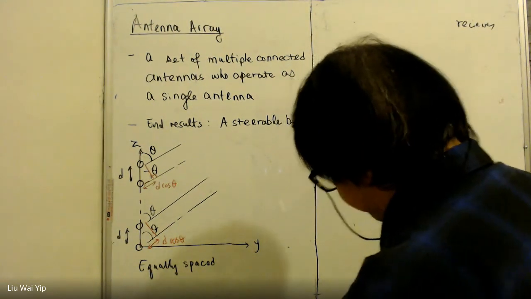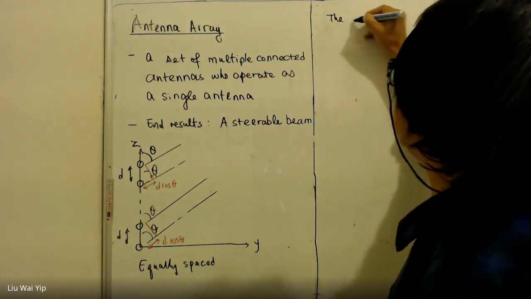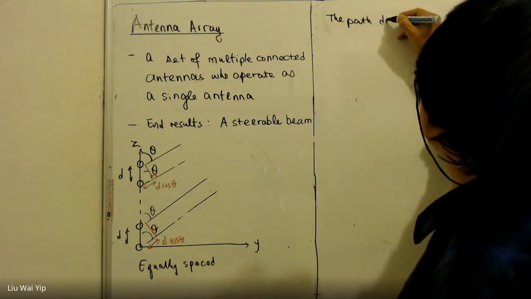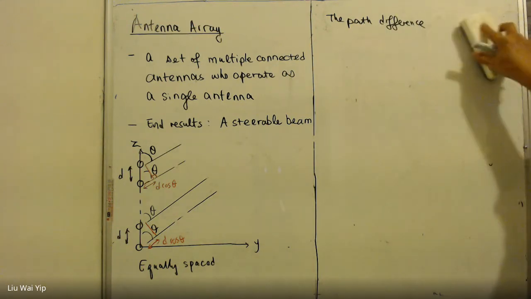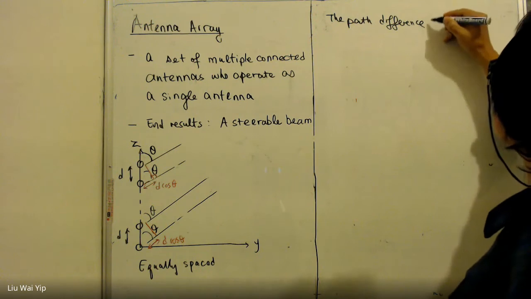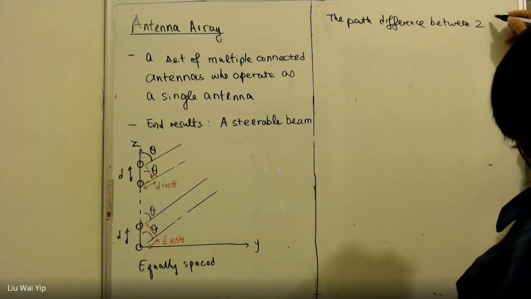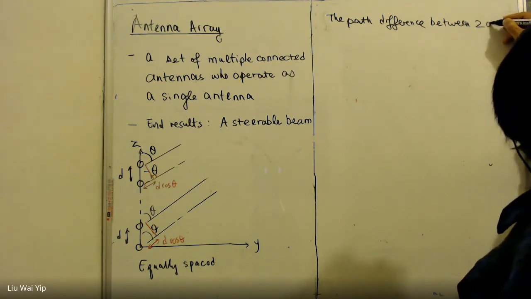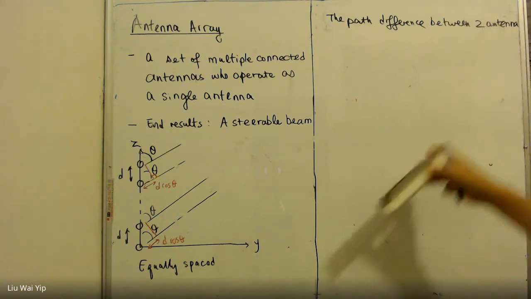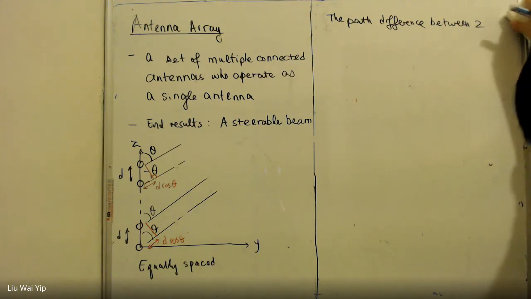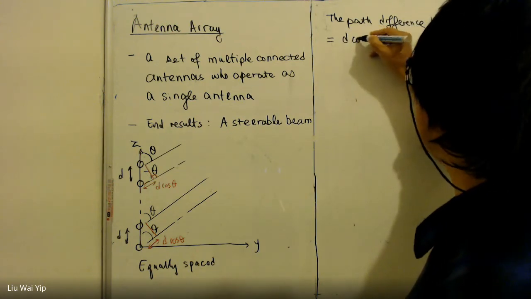The path difference between two neighboring elements is equal to d cos theta.